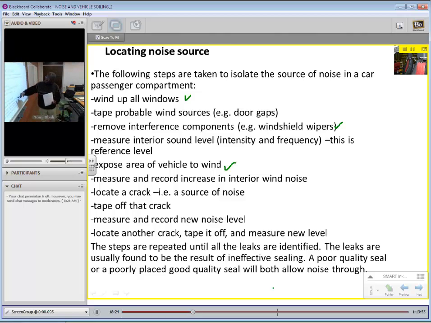When we seal off all the cracks, we should get a noise level that is the same as it was before we exposed the vehicle to the wind. At that point, we have done a perfect sealing. We almost never achieve perfect sealing, but that is essentially the guideline used to locate the noise source and correct it.